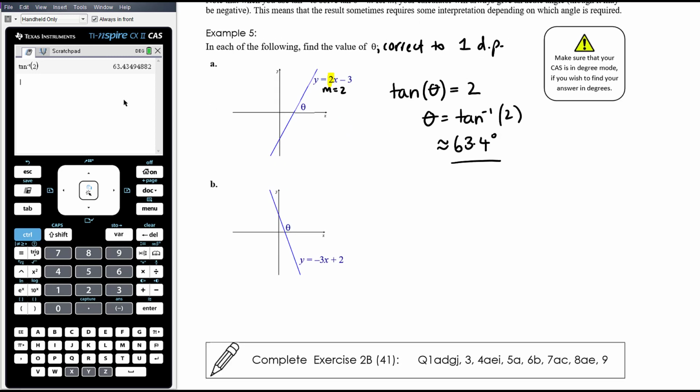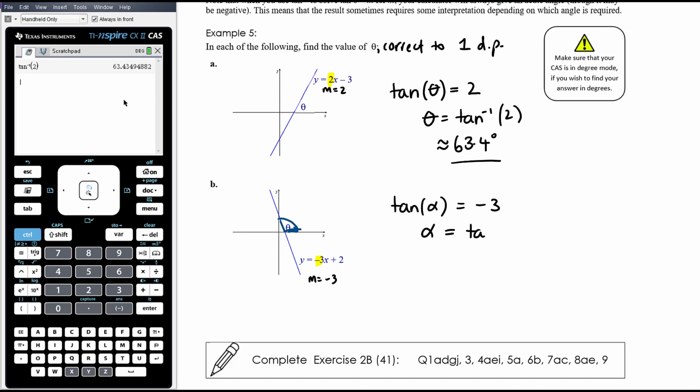Alright, so here in this one, we've got a negative gradient. So the gradient is -3, and this is the angle up here that we're after. So what we need to be a bit careful about here, I'm not going to say that tan of theta equals -3 because it won't be giving me theta. So tan of some other angle, alpha, is equal to -3.